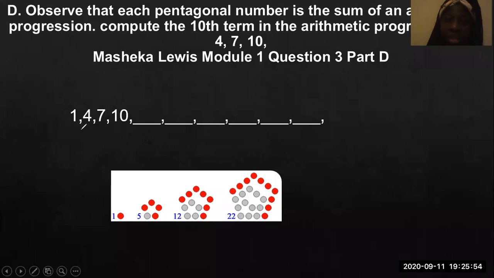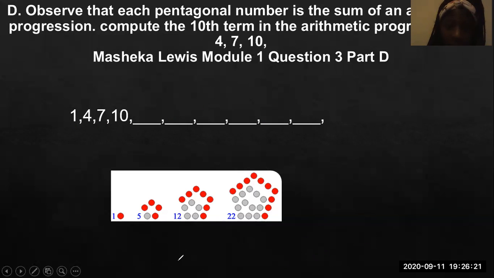We know that this is adding 3, and so on. So we know the next will be 13 because 3 added to 10. Then we have 16, 19, 22, 25, and 28.